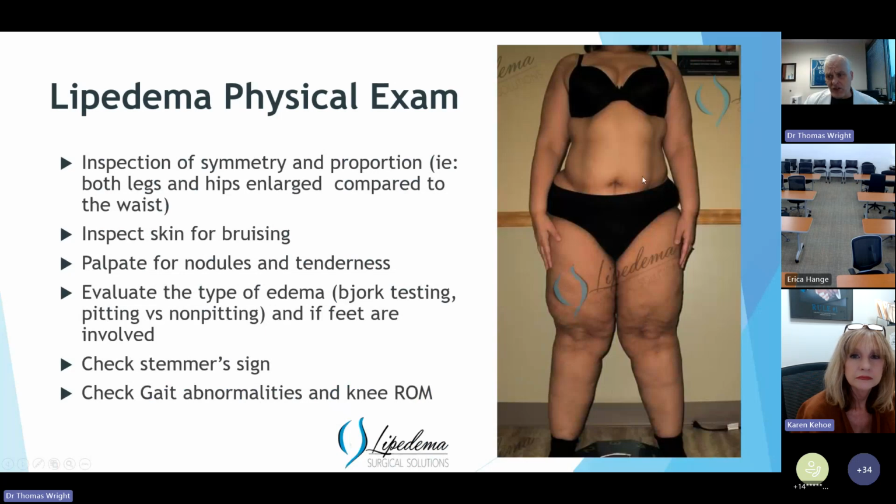The waist is relatively small, but there's a lot of subcutaneous adipose tissue collected on the arms and legs. Bruising is common, so we inspect for bruising, nodules and tenderness. We evaluate for swelling with the Bjork test and check for Stemmer sign. Typically the hands and feet are spared, and there's a negative Stemmer sign. Then we check for gait disturbance.